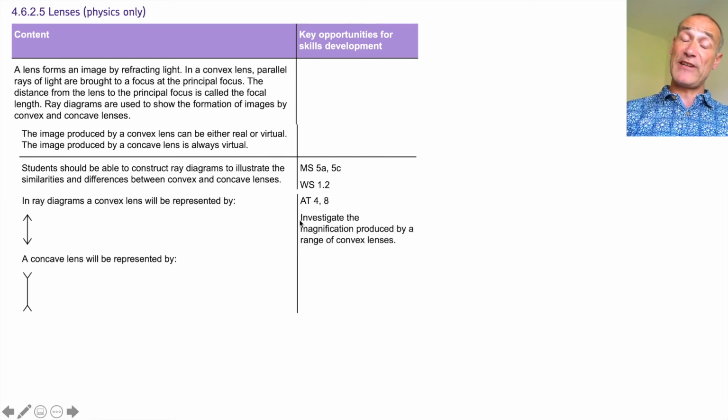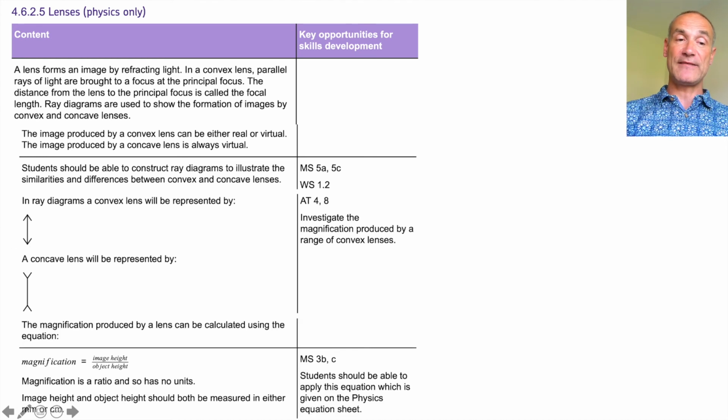Again, it says in the ray diagrams, the convex lens is represented like that, and the concave lens is represented as shown there. And finally, it says you need to be able to use the equation magnification is image height over object height, and that is given to you in your equation sheet at the front. You don't have to learn that equation.